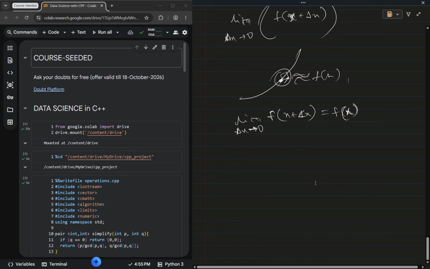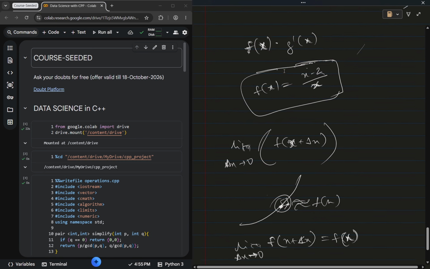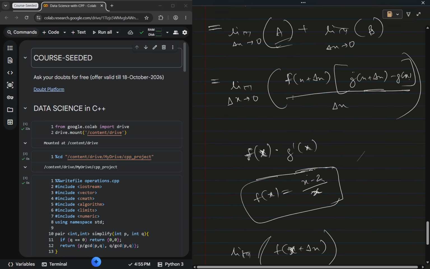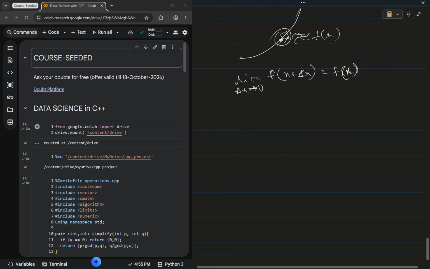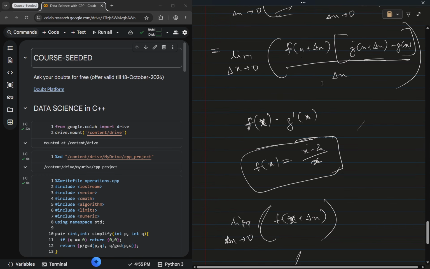So let's go to this proof. Now we know that the limit Δx tending to 0, f(x + Δx) times the limit of, basically both are continuous functions and both are independent of each other, so they won't have any problem in getting separated.